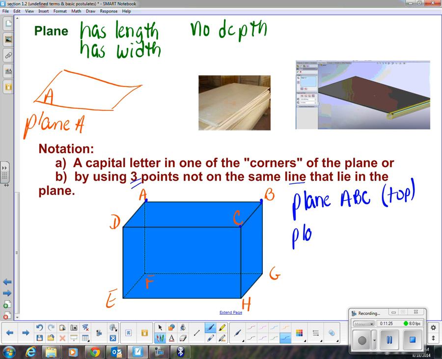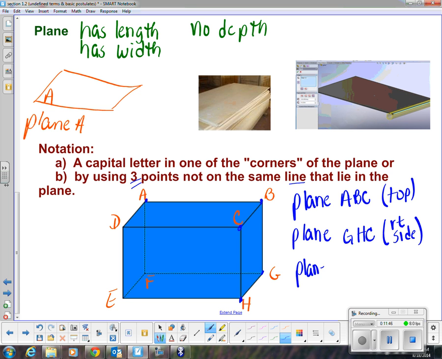If I refer to plane G, H, C, then here's G, here's H, here's C. Those 3 points do not lie on a line, so I'm definitely referring to the right side of the box as we're looking at it.